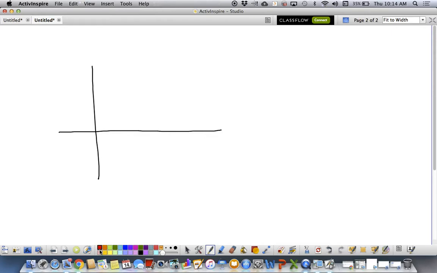So, graphing y equals sine x. Where does it start? What are we going up to? What are we going down to? What's our sketch? We start at 0, 0. Then we go up to 1. When are we up at 1?